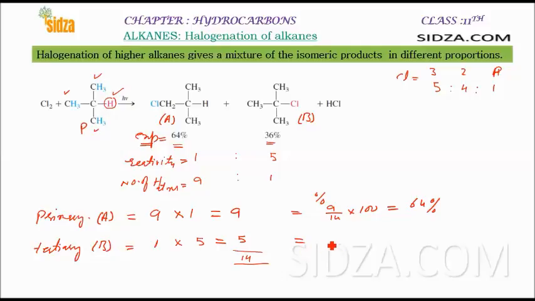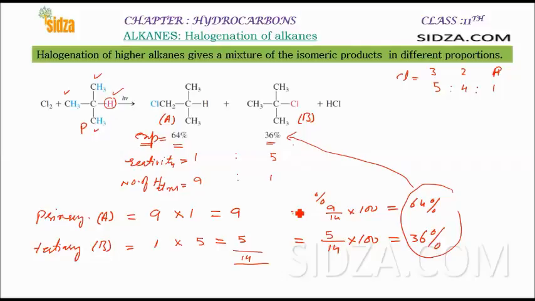For B, we take 5 by 14 into 100, so you get 36%. This is exactly the same ratio that we get from the experiment. So there are 2 factors that determine the ratio.